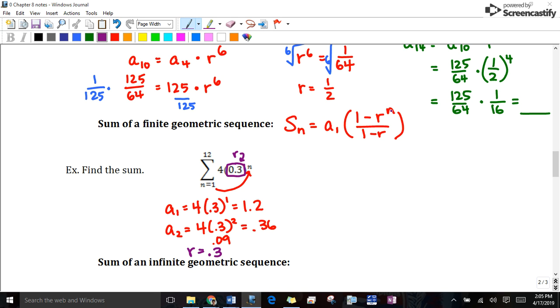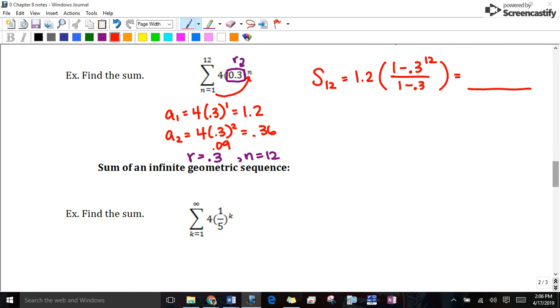I also need to know how many terms there are. So if this sum is going from 1 to 12, then I know that n is 12. So we can go ahead and say the sum of our 12 terms is A1, which we said was 1.2, times 1 minus 0.3 to the 12th over 1 minus 0.3. And again, I will let you do the calculation from there.